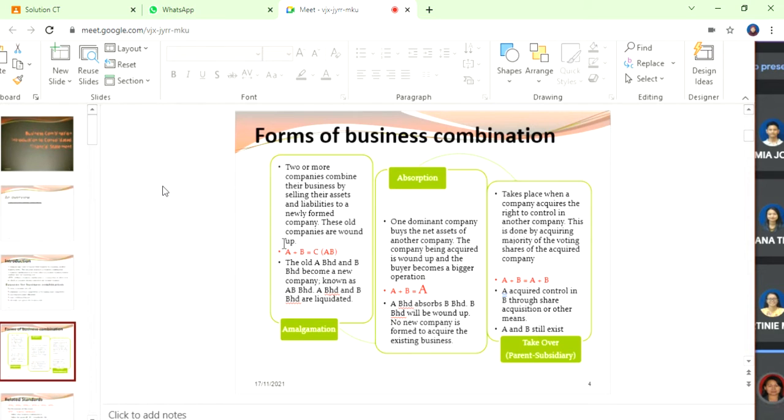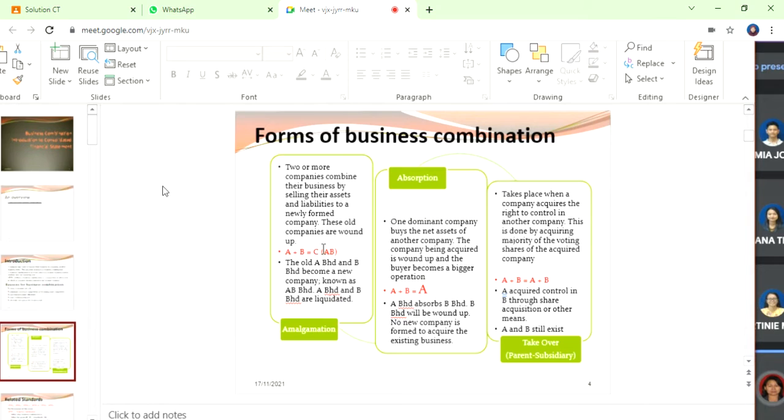Business A and business B will be closed, and then they will set up a new company called business C, which will take over the businesses of A and B. The assets and liabilities of business A and B are transferred to company C.